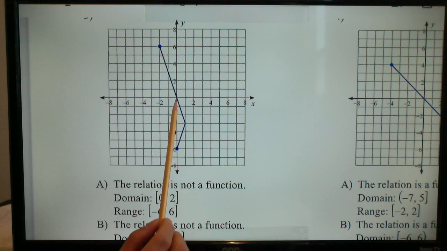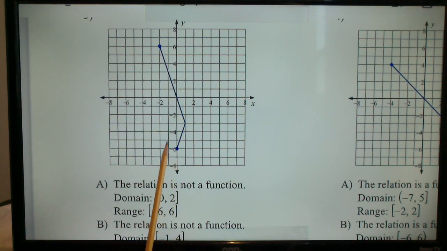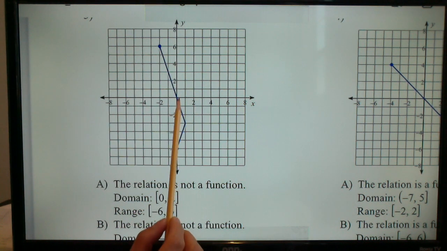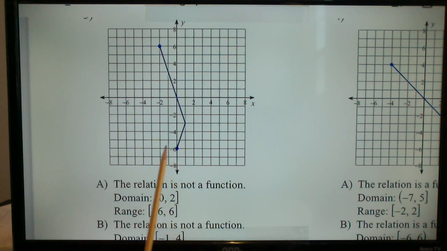But if you look at this, one x actually has 2 values. If you pick here, let's say half a point here, when x is a half, you have 2 y values. That is not a function. So this relation is not a function.